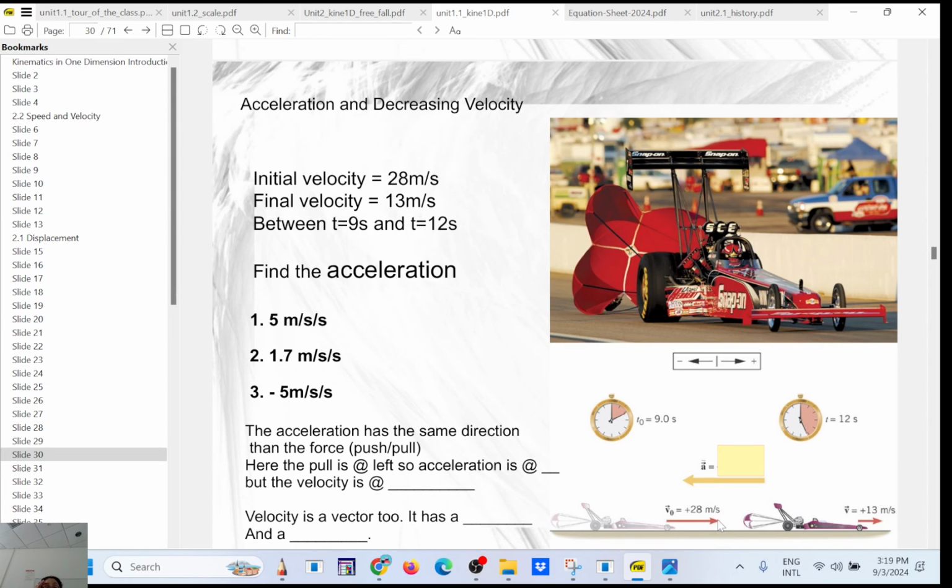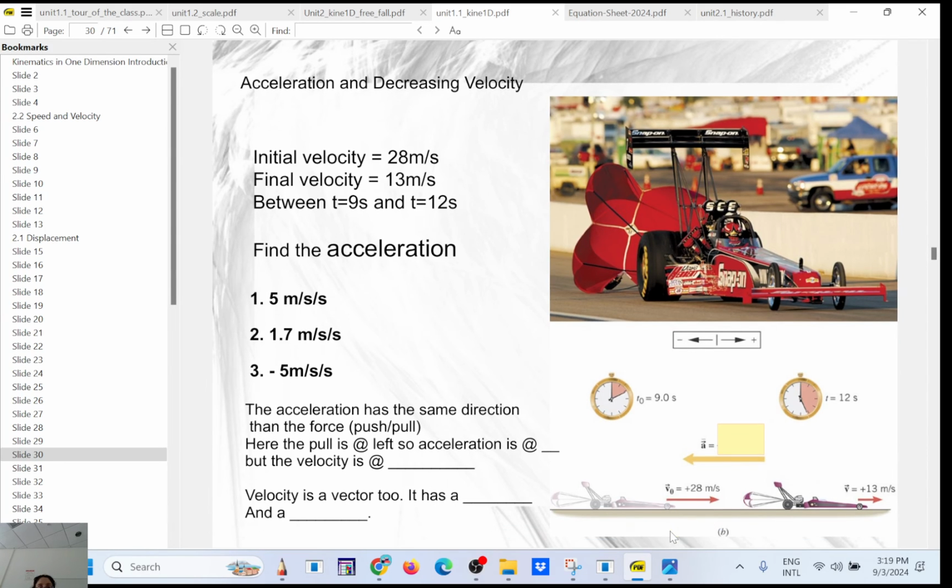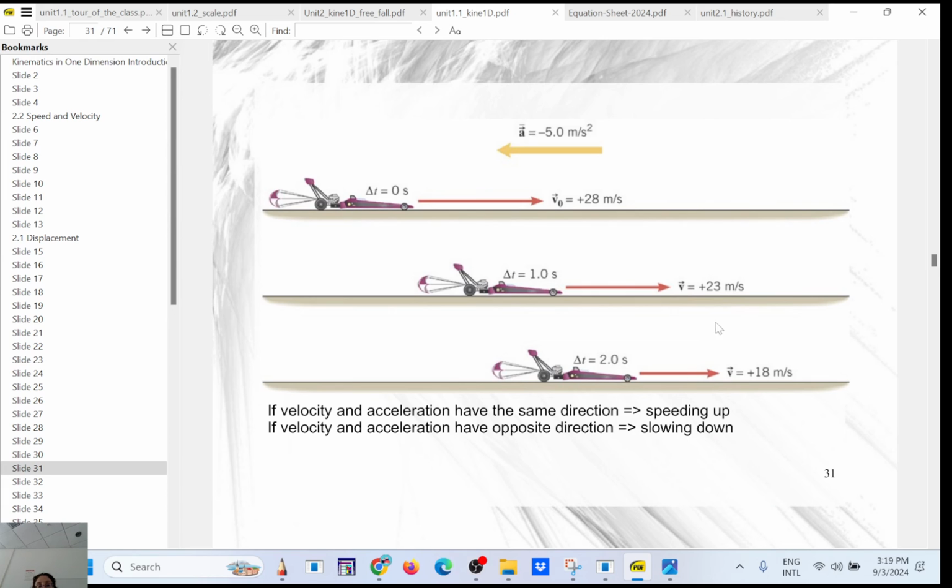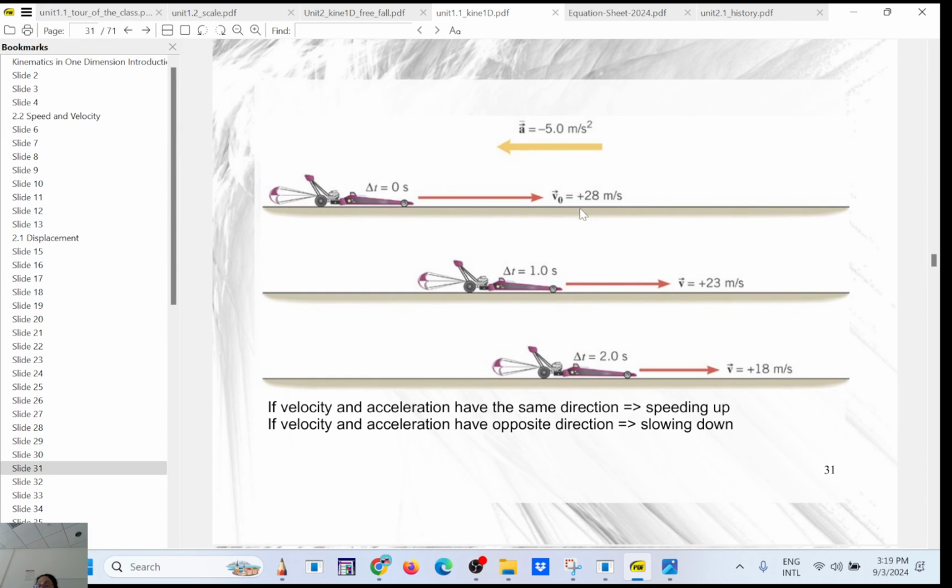Another second, it's going to be 13. Okay, you remove 5 each time. Make sense? So here you see that T equals 0 is 28. After 1 second, it's going to be 23. Another second is going to be 18. Another second is going to be 13, and so forth, and so on.